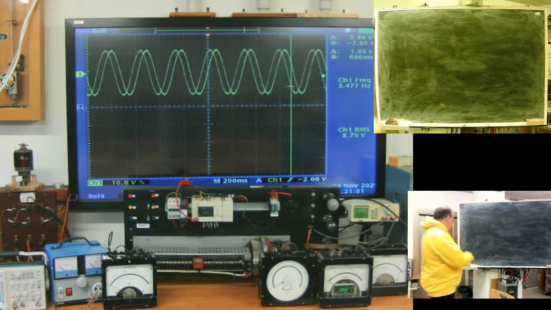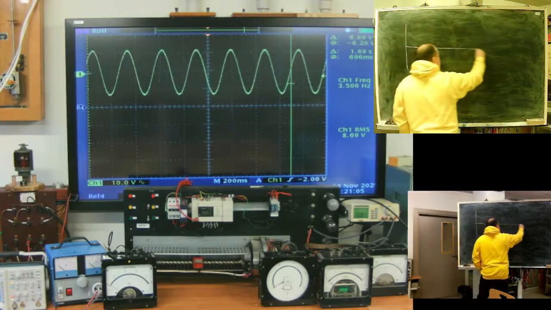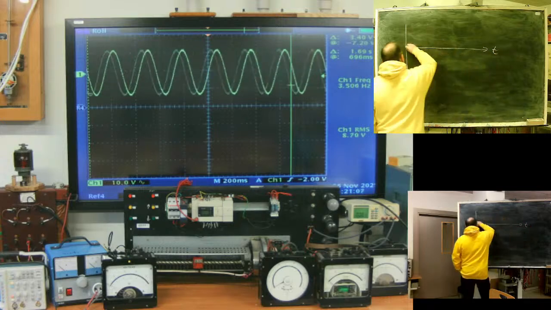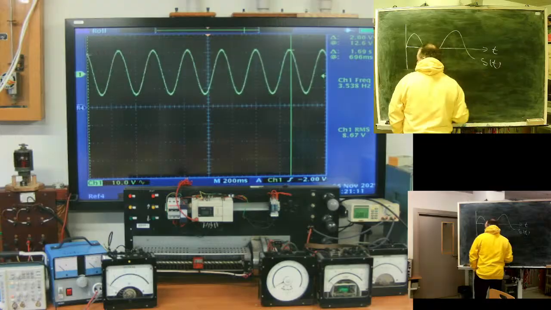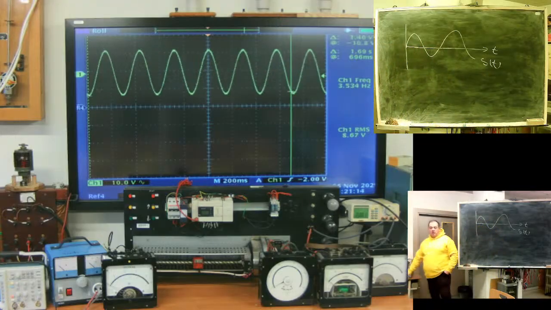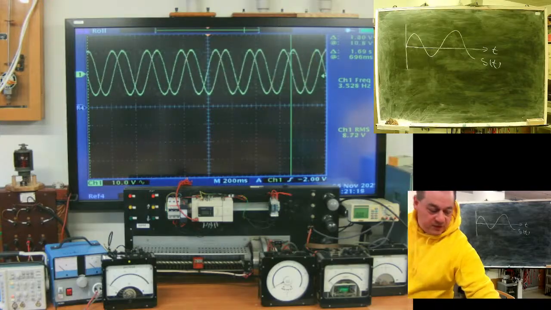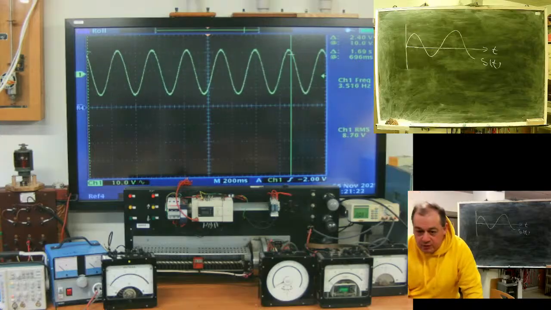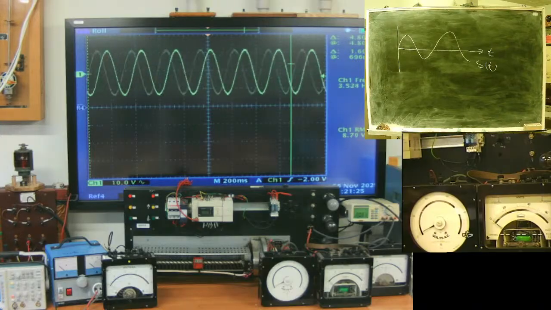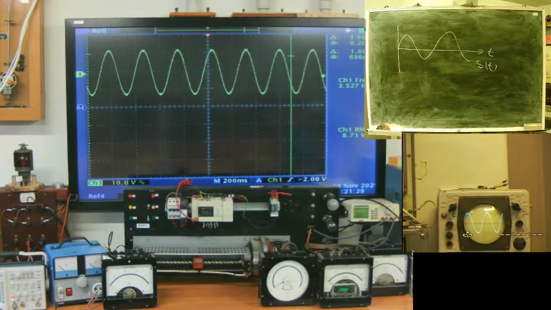At this moment, we deal with a pure sine. What happens? Here on the blue scope, one second, I will turn my camera. Here it is, the blue scope.